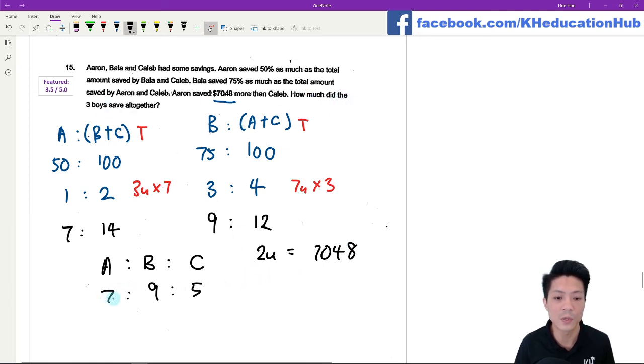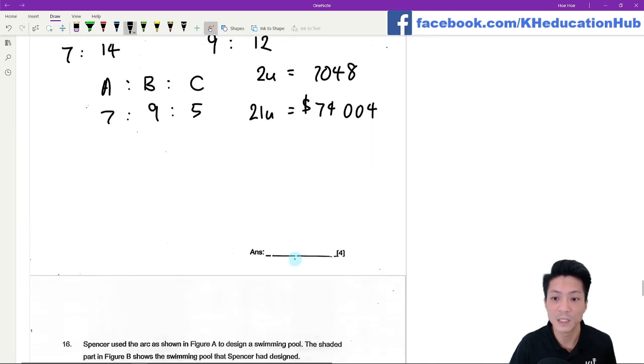So the three boys saved a total of 21 units. Okay, to find 21 units, I need to use 7,048 divided by 2 multiplied by 21. 74,004 dollars. That's a lot of money.